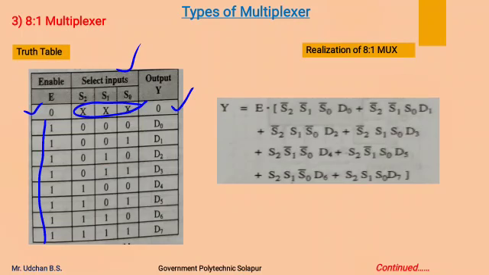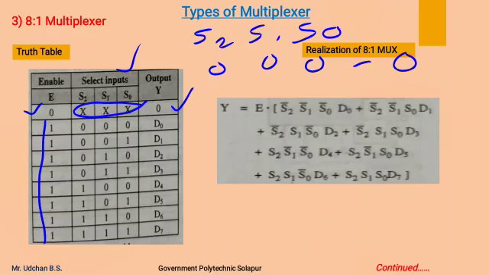Now here S2 S1 S0, for first 0 0 0 the decimal equivalent is 0, therefore it will select a D0 line and we get output with respect to D0 over output line. Next is 0 0 1, its equivalent decimal is 1, so D1 line gets selected and it appears over output line.